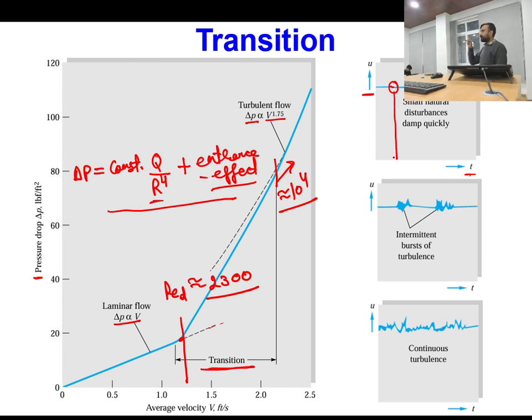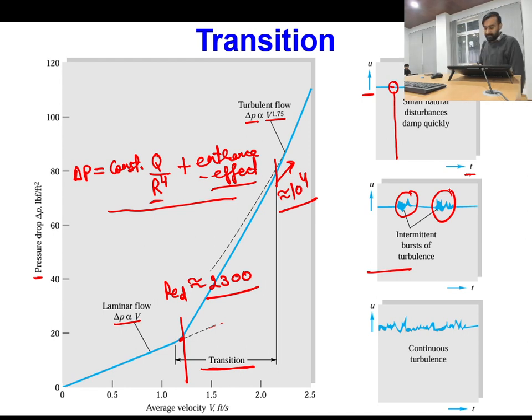If the Reynolds number is quite less than 2300, in the laminar regime, we will find that with the subsequent passage of time, this disturbance will be dampened. On the contrary, in the transition regime, you will have some significant disturbances, but these will not be continuous with time. These will appear at certain time instants.